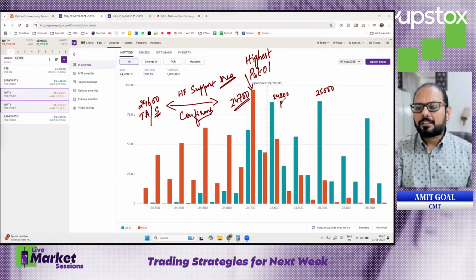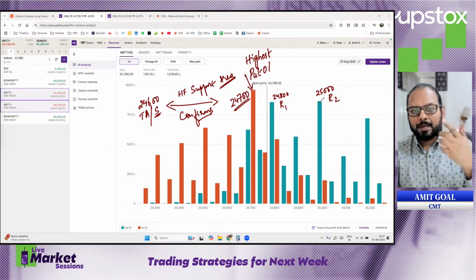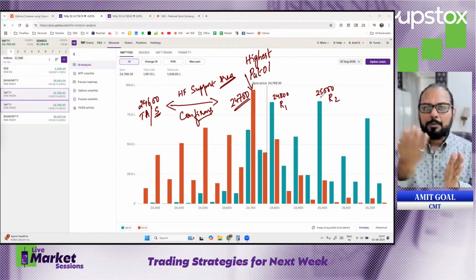Now, considering that this is the near-term support, we can see 24,800 and 25,000 happens to be the resistance. Okay, we have fairly strong resistances at 24,800 and 25,000. So the path to going up is not going to be all that easy. So market is likely to struggle. Okay, the path to either moving up or moving down is not looking very clean.